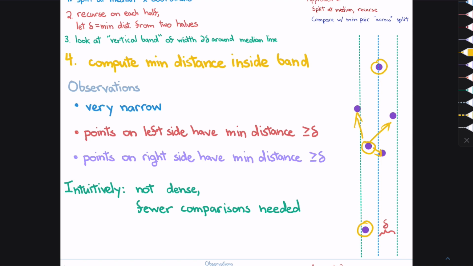Beyond that, I can ignore them because they're forced to be at least delta apart. You can only pack in so many nearby points. If I cut a horizontal slab, I'm limited to only a small number of points. That's what we're going to take advantage of. There could still be a lot of points, but this way I can avoid all the comparisons.